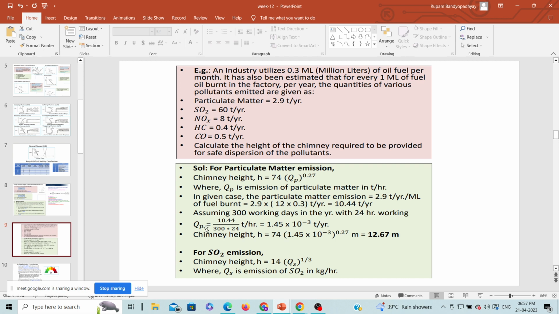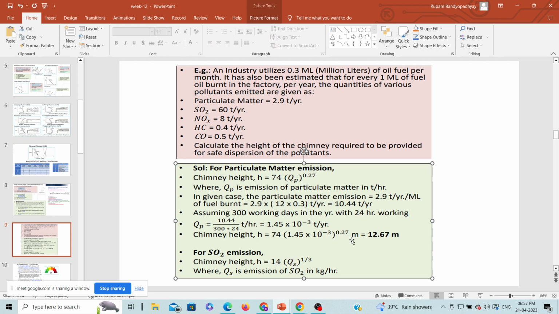This is the QP value in tons per hour. And for SO2 emission, this was the equation.